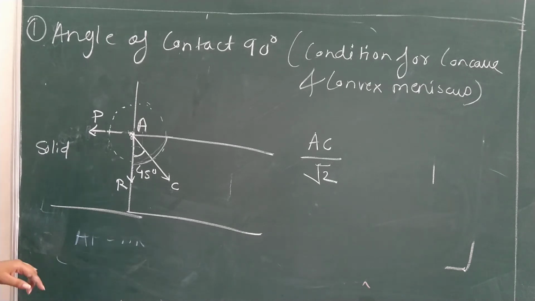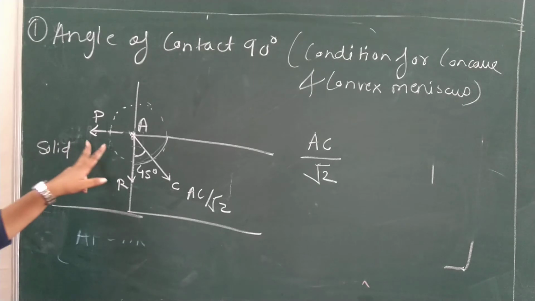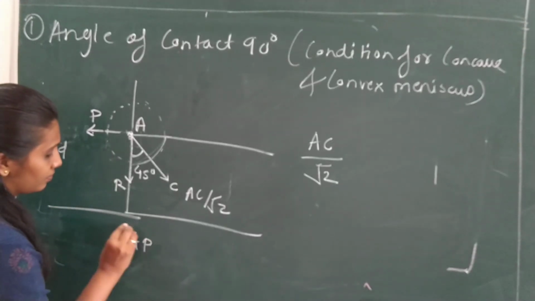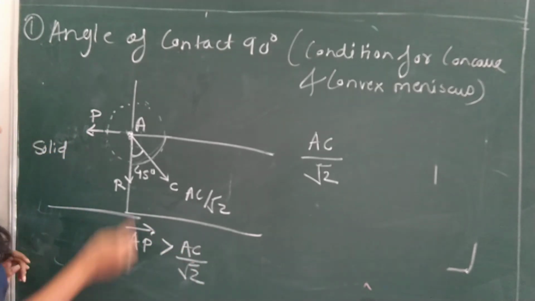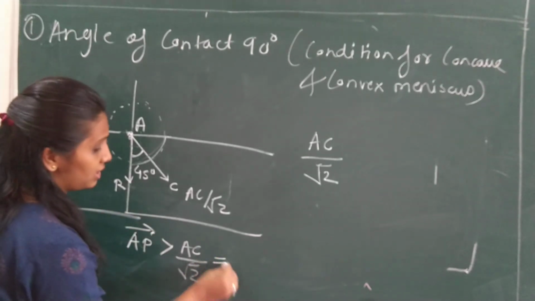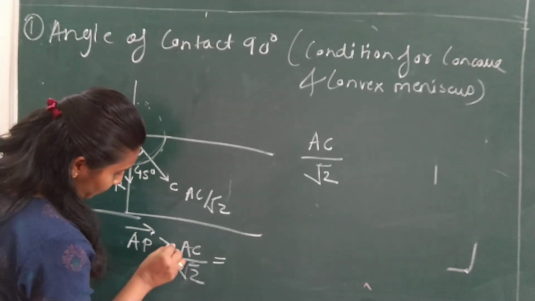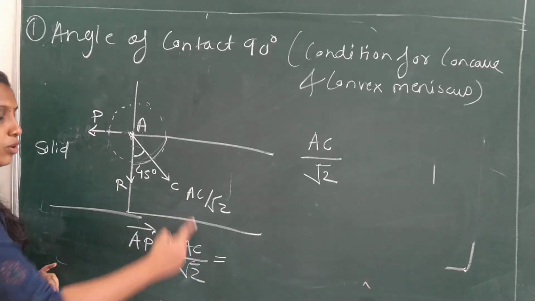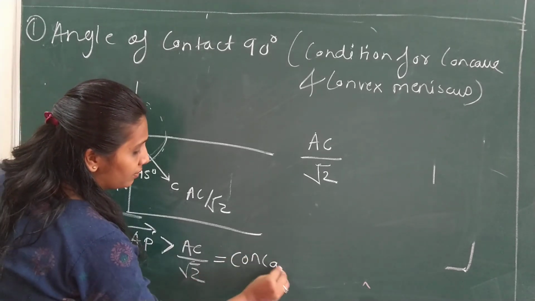And if I call this component AC by root 2, and as we know the conditions, if I say this AP is greater than AC by root 2, meaning adhesive force is greater than cohesive force, I will get a concave meniscus, as we saw just a few minutes ago.